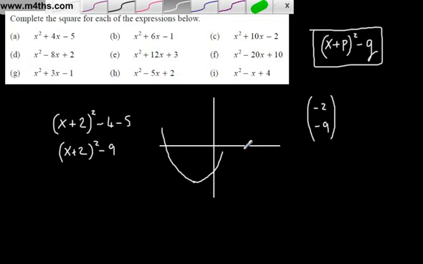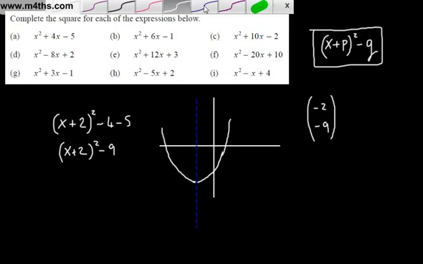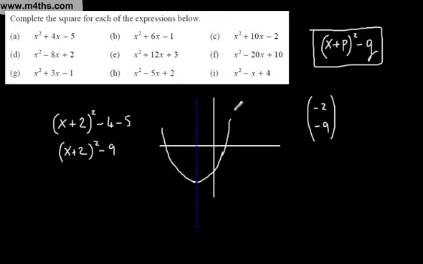Right. Now what we can do from this is look at a couple of things. If we'd set this to 0 and solved it, then what we would have found are our points of intersection, which we'll look at later. But this has now created an axis of symmetry. The axis of symmetry is around the point x is equal to negative 2.